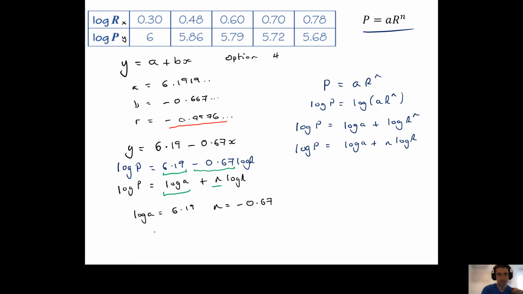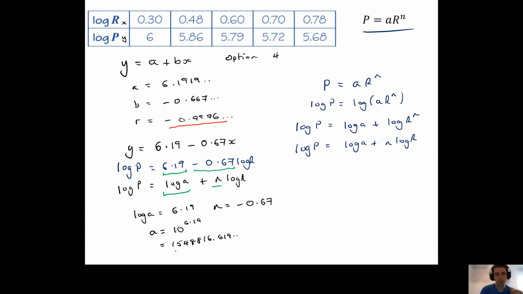Now, just looking at this one here, I've got log of a is 6.19. I want a value for a. I know that this is base 10, because when you just write log, that's what that means. So a is going to be 10 to the power of 6.19, which is 1548816.619.